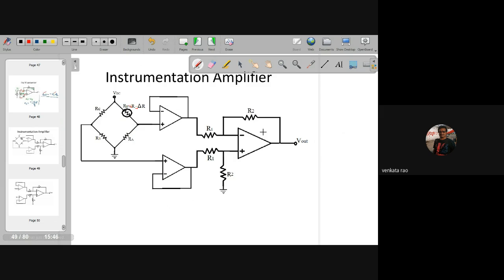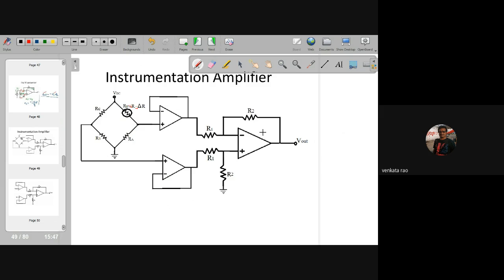Mostly the instrumentation amplifier is used in sensors. A sensor is a device to sense the variation in a particular parameter. At the time of sensing, it should sense a variation even of 0.1 millivolt of change in a variable voltage.